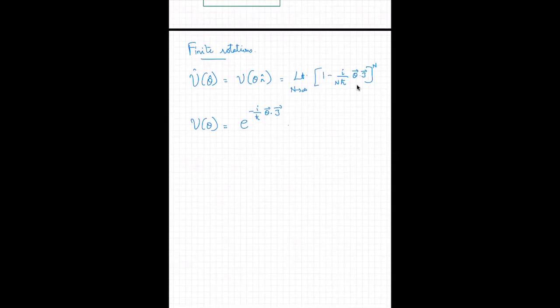In general, remember that since the J's are matrices, the exponential of a matrix is also a function of matrices, so you should be able to get a closed form for this U. But in general, except for some very simple values of J, it is very hard to get a closed form for this U, but we can work out the closed form for small values of J. So let us look at what this matrix looks like for J equal to 1/2. For J equal to 0, it is trivial, it is just 1 because there is no rotation possible. There is only one state, there is nothing to rotate it into.